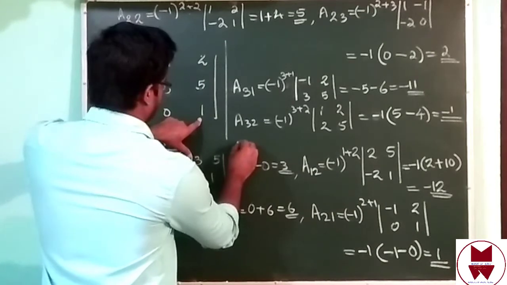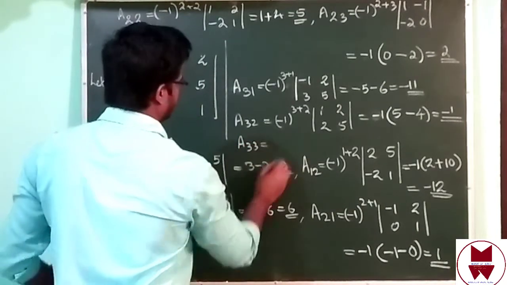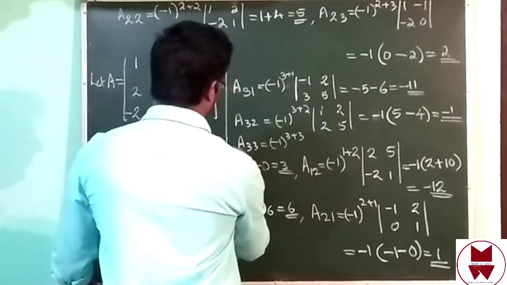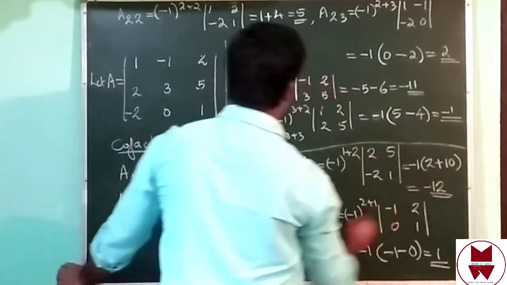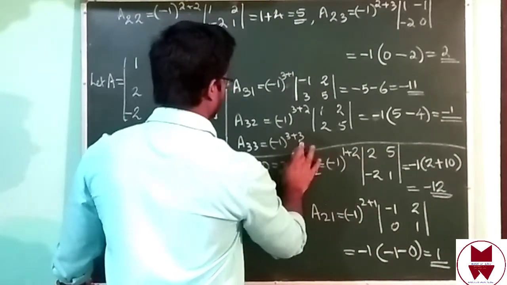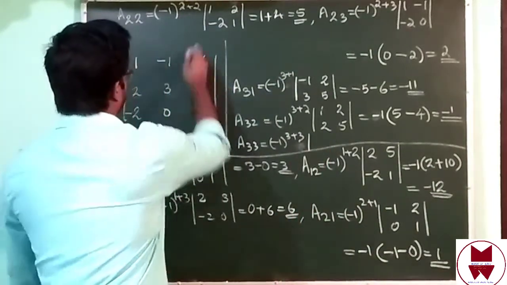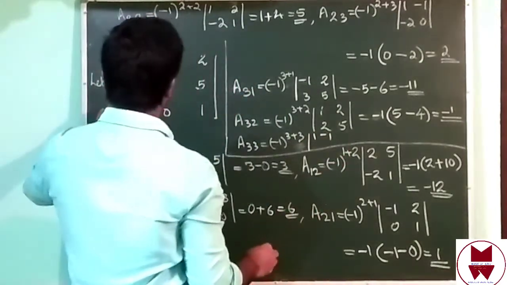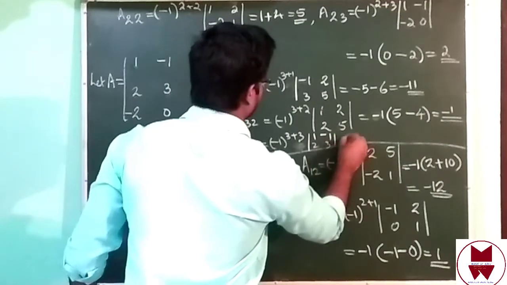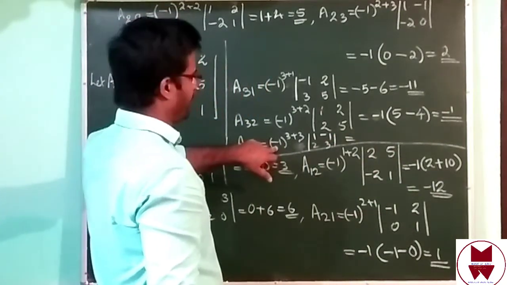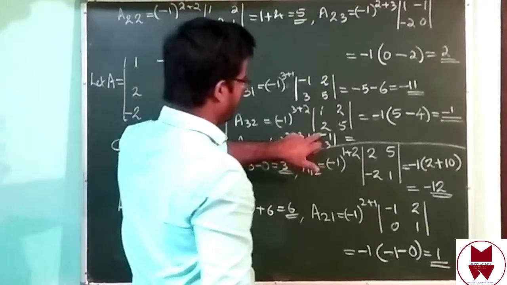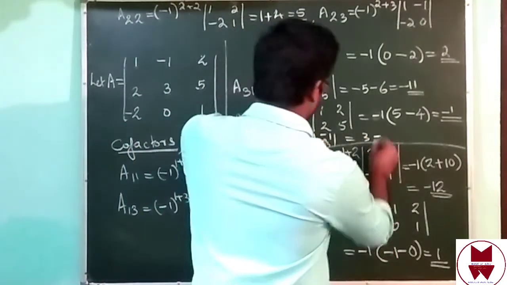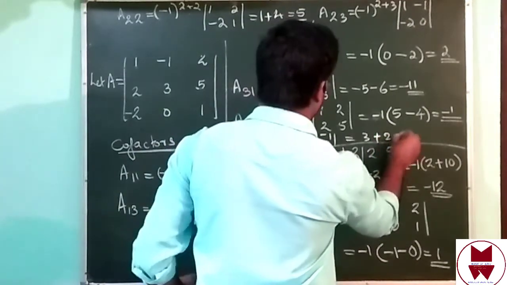Then the last element, A33 equals minus 1 raised to 3 plus 3, determinant. Delete, what will you get? 1 minus 1, 2 3. This will be plus 1, then 1 into 3, 3, minus 2 into minus 1, minus 2, then this will be plus 2, equals 5.